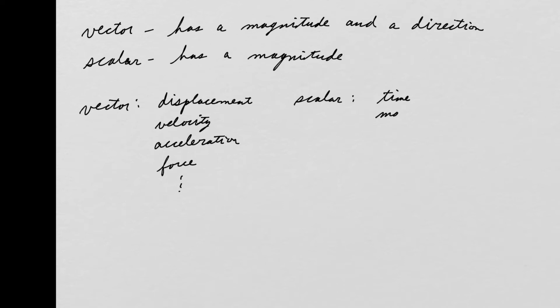Mass has a magnitude, but no direction. Density. Distance would be a scalar, because it doesn't matter, like when you say you're 4 miles from a particular point, it doesn't matter what direction, you're just given a magnitude, right? Et cetera, et cetera. Okay, so make sure you understand the difference between vectors and scalars.